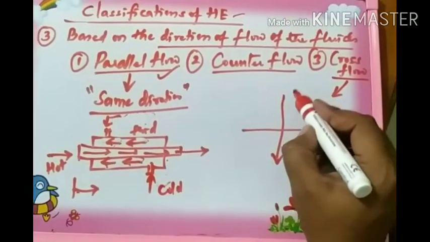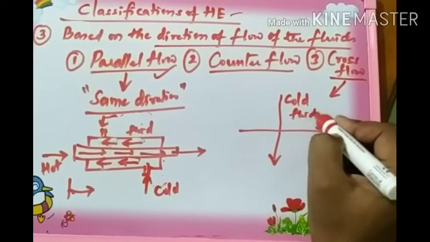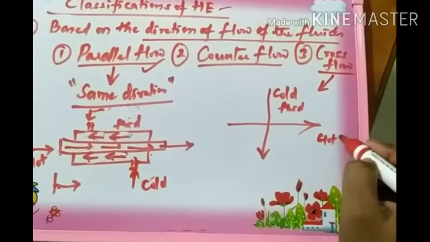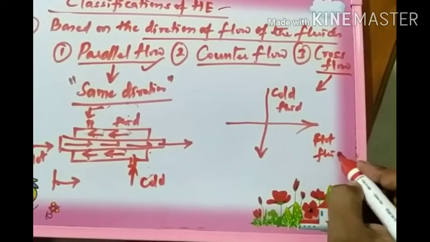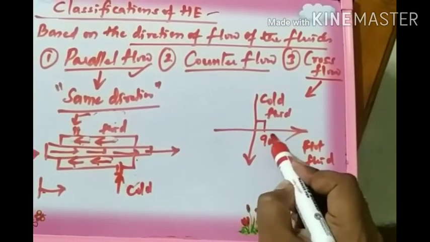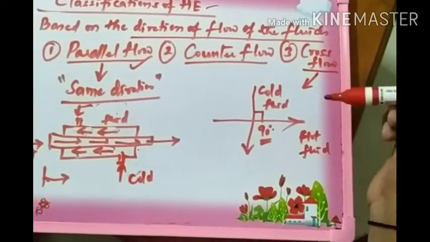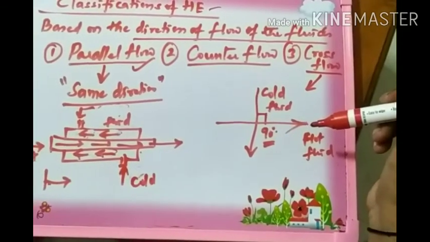If the cold fluid flows like this, say it is moving downwards, and the hot fluid flows in the horizontal direction, they make an angle of 90 degrees. Means in this type of heat exchanger, the two fluids flow perpendicular to each other.